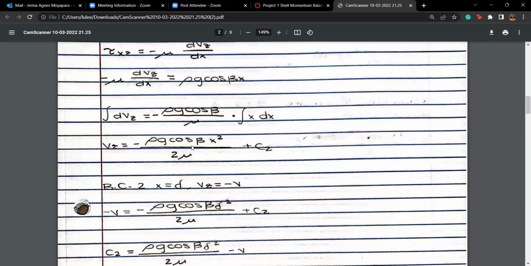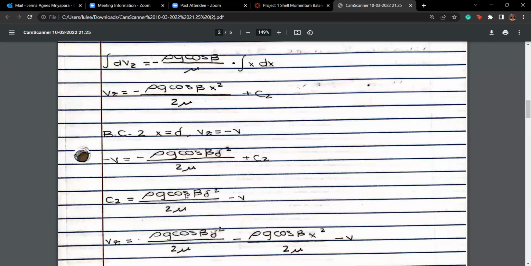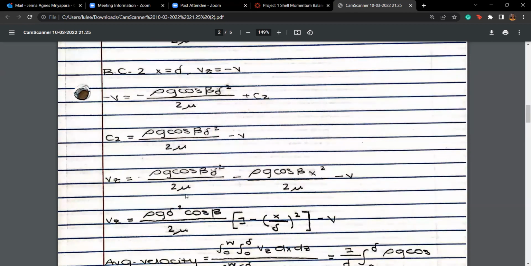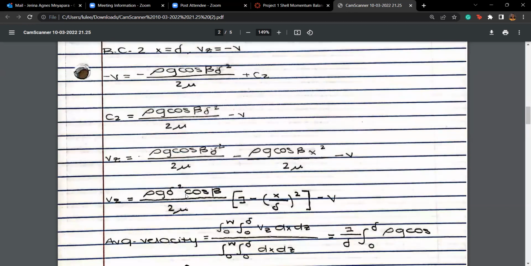Moving rho g cosine beta delta squared over 2 mu to the left side of the equation, we get our constant. And then we plug that constant back into our velocity equation to get rho g delta squared cosine beta over 2 mu times 1 minus x over delta squared, minus V.